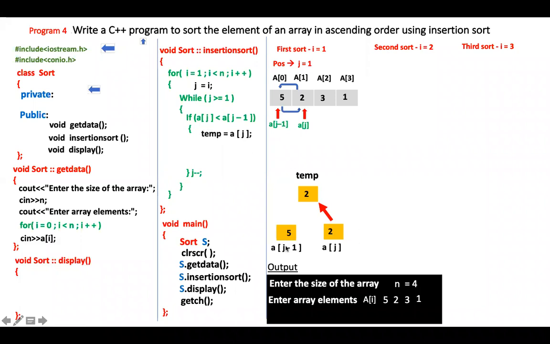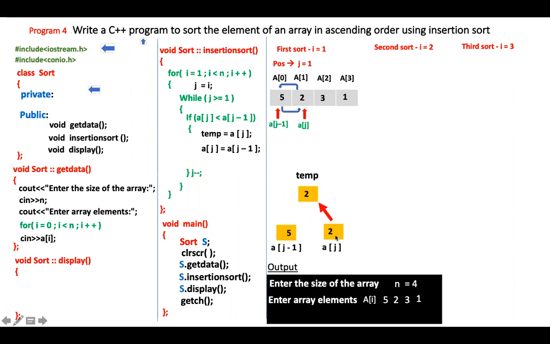Now I have to shift my A of J minus 1 value, that is 5, to the A of J location. I'll write A of J is equal to A of J minus 1. Whichever element you are transferring from, you write that on the right side, and whichever memory location is receiving your element, you write that on the left side.